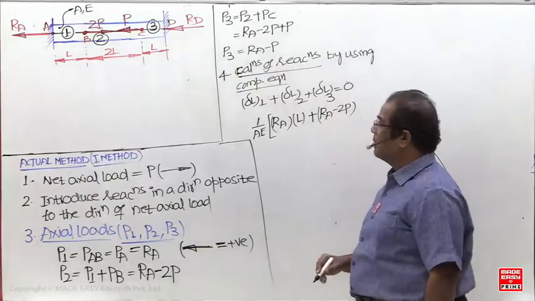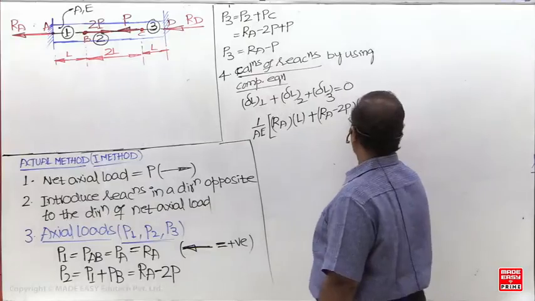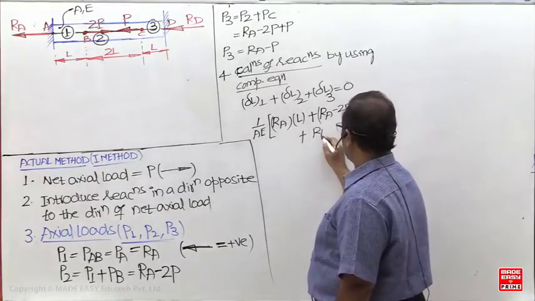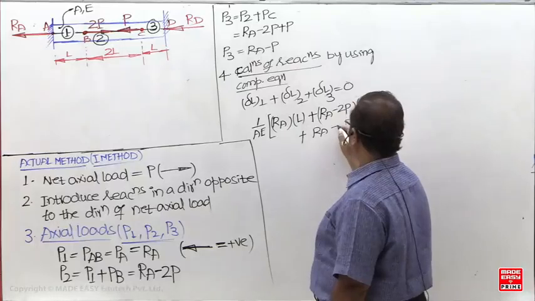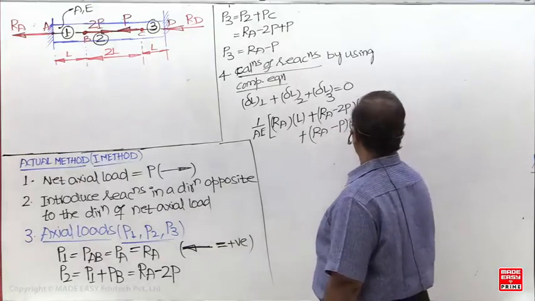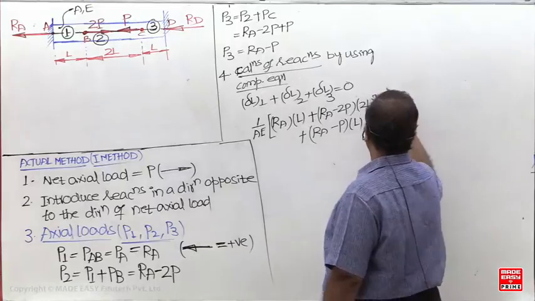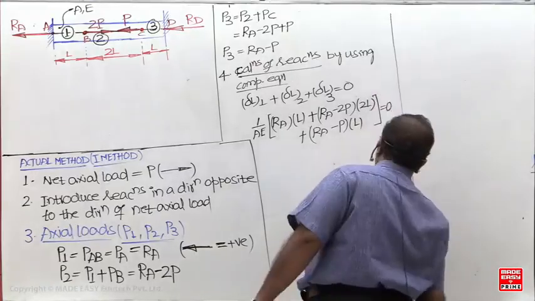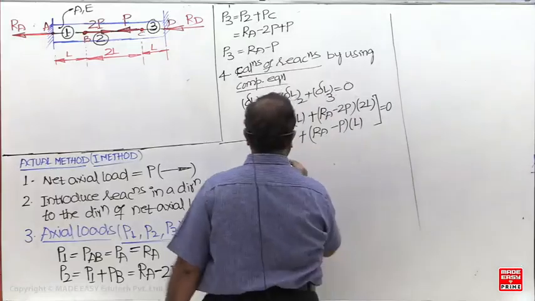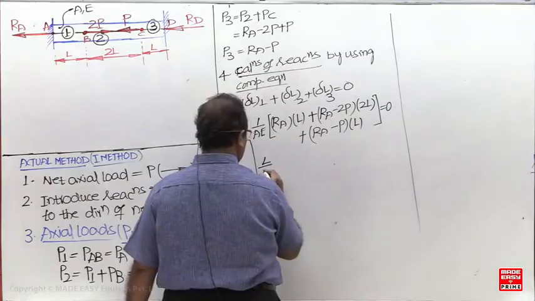What is the length of the second member? 2L. Next, RA minus P, and this length is once again L. Now you can simplify it. You can take L by A common.